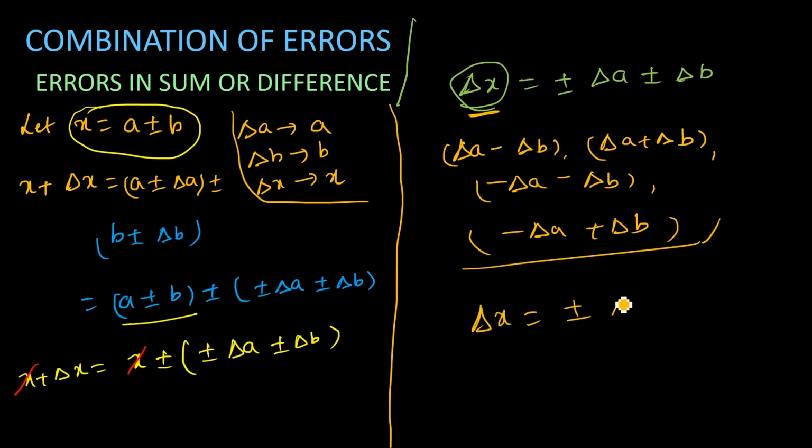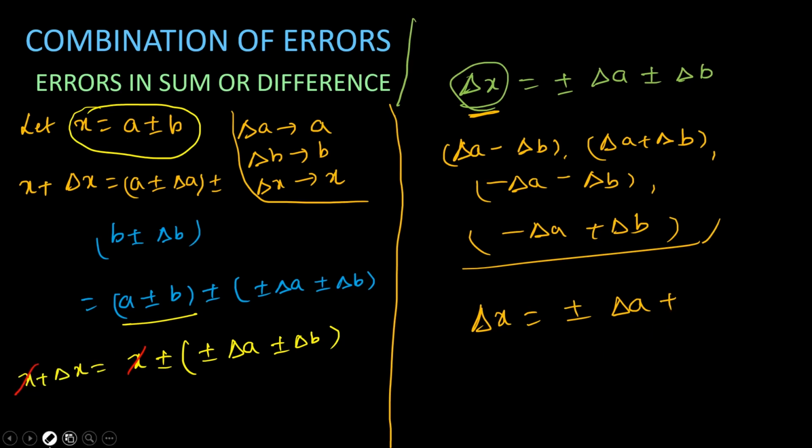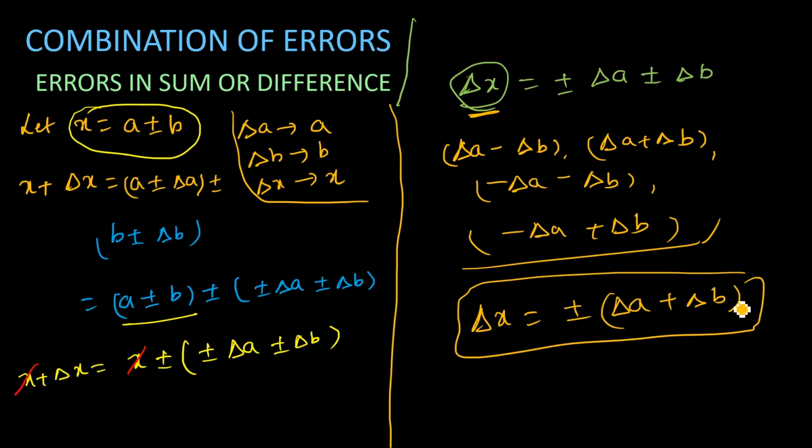Plus or minus delta a, plus or minus... oh, maximum you said? No, that is maximum if you are taking... so plus only we can consider. Then we can take delta b, right? Yes, so this is the maximum absolute error in x.